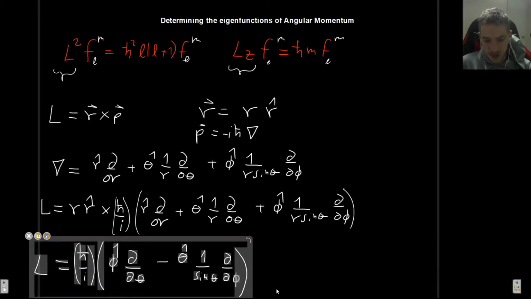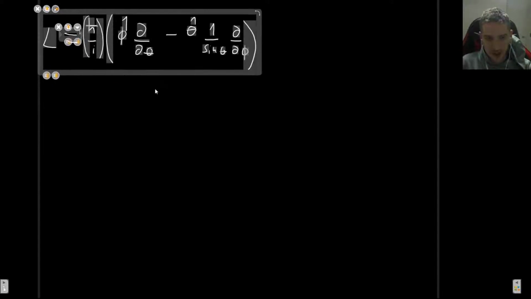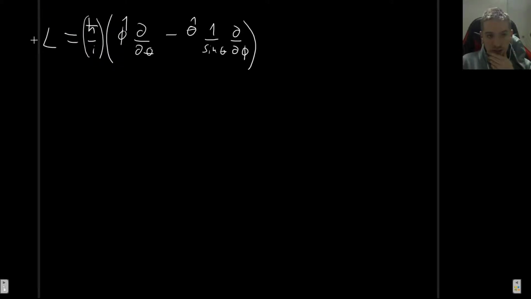And what we want to do next is, similarly as we did the previous time, find each of the coordinates, Lx, Ly, Lz, so basically the components in the x, y, z direction of this vector. But we don't really have it in that form. We have it in terms of phi hat and theta hat, so we have to write the Cartesian form of phi hat and theta hat.